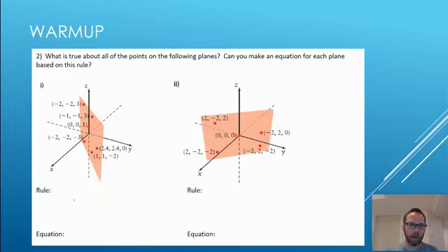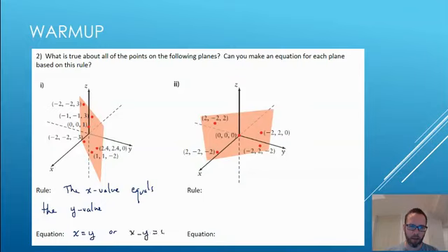If you look at the first one, for all those points, there's a relationship between the x and y value. Loosely speaking, the x value equals the y value for every single point there. So we can turn that into math. This is x equals y, or x minus y equals 0. And that would be the equation of this plane.